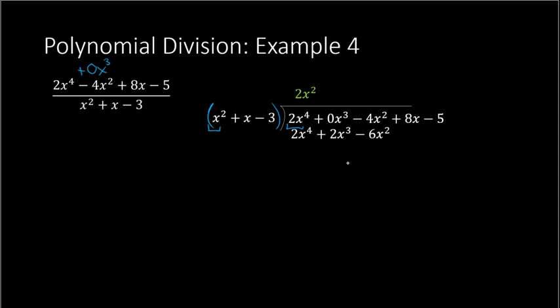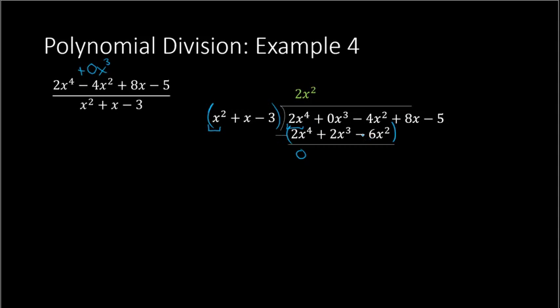And then your next step is to subtract. So when you subtract, remember you're subtracting everything. So you're subtracting a 2x to the 4th power, which would cancel out to get 0. 0x cubed minus 2x cubed would be negative 2x cubed. And then negative 4x squared minus a negative 6x squared.